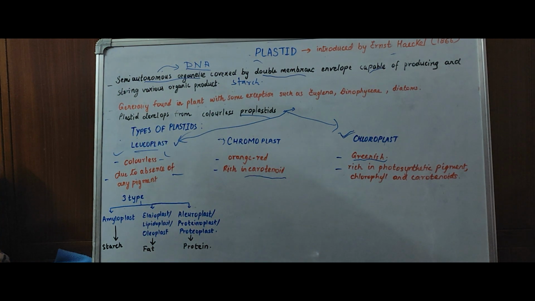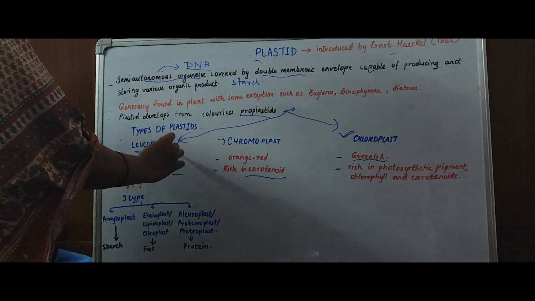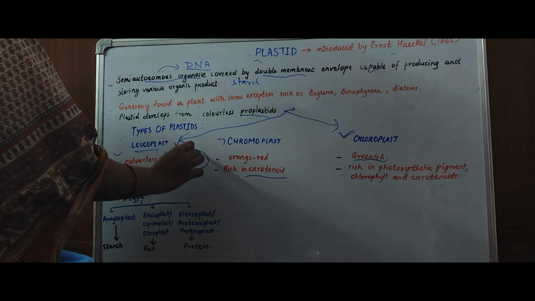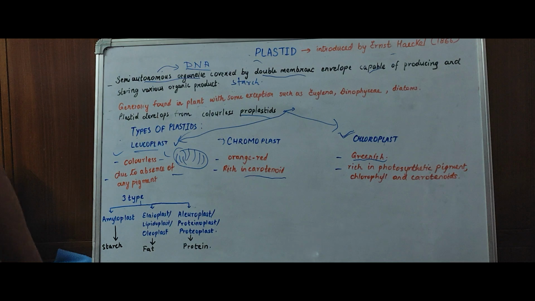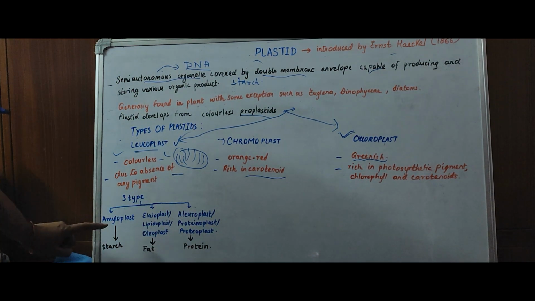Now leucoplast is actually a structure with lamella present inside, and they are generally for storage purpose. Leucoplast is there to store something like starch, fat or protein. On the basis of their storage, leucoplast is further divided into amyloplast, elioplast, and aleuroplast.